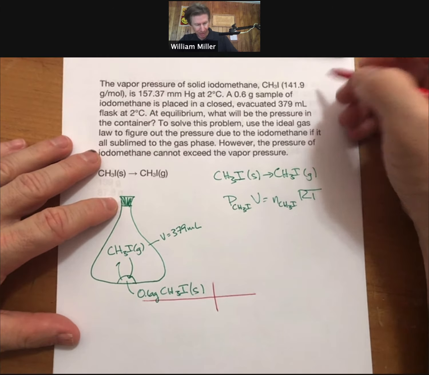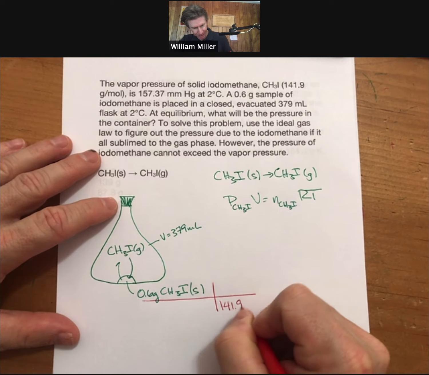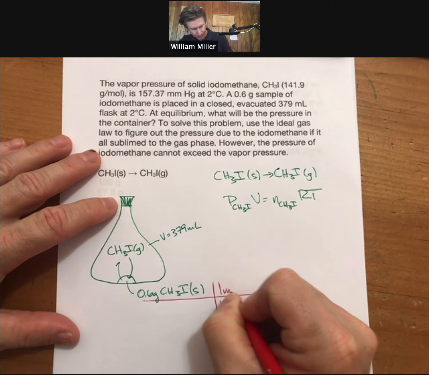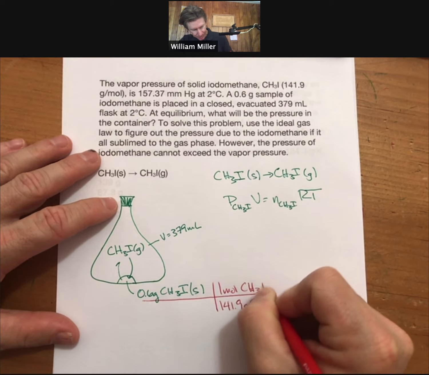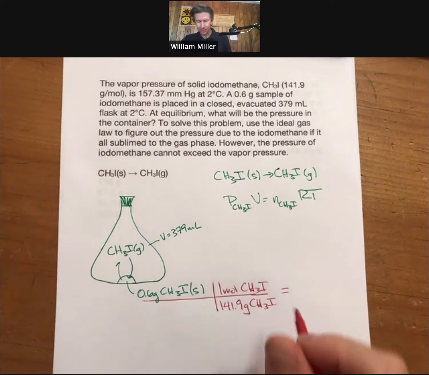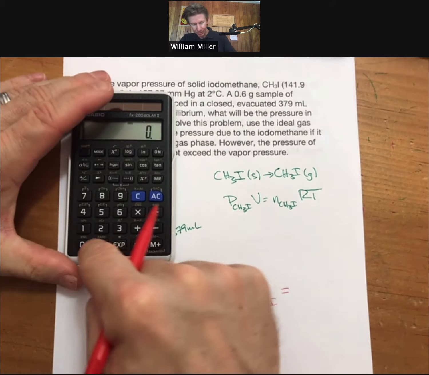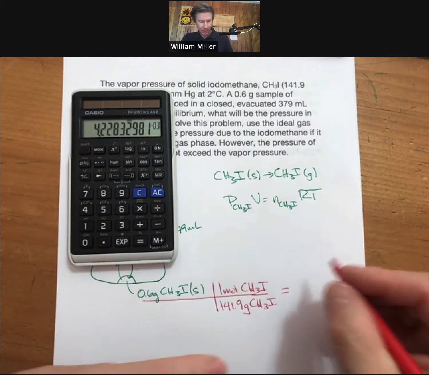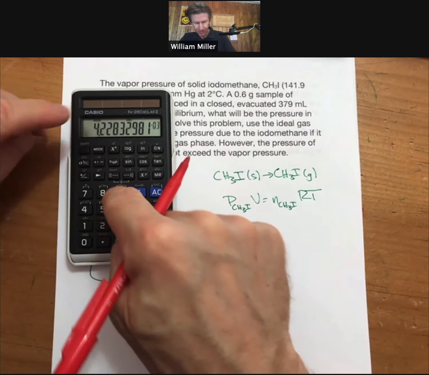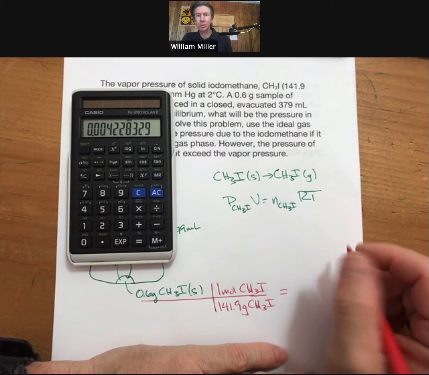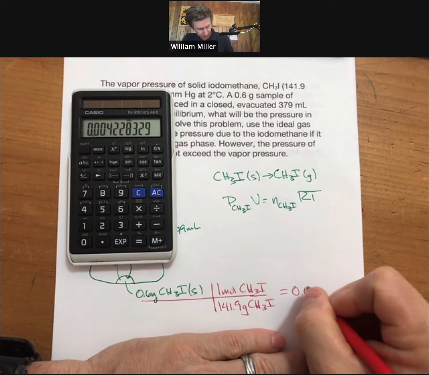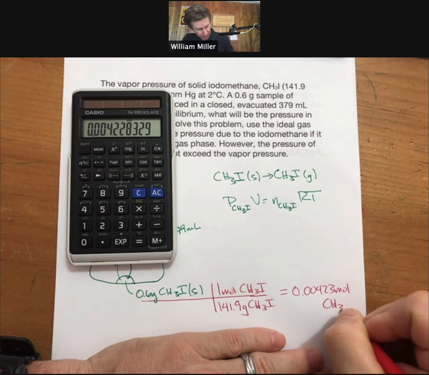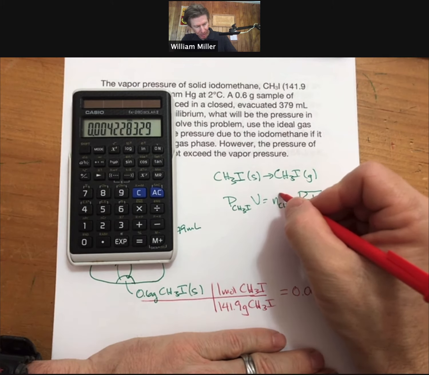We have our molar mass, 141.9. 0.6 divided by 141.9, we get 0.00423.